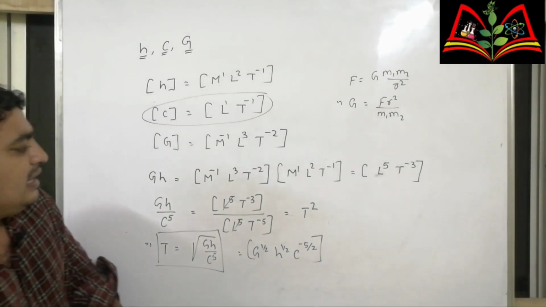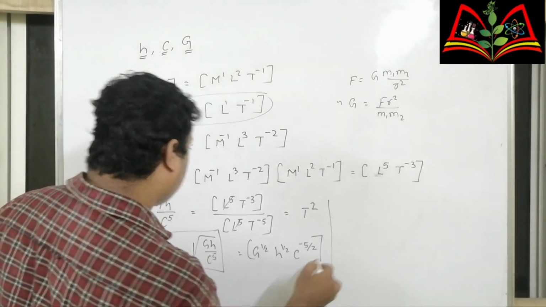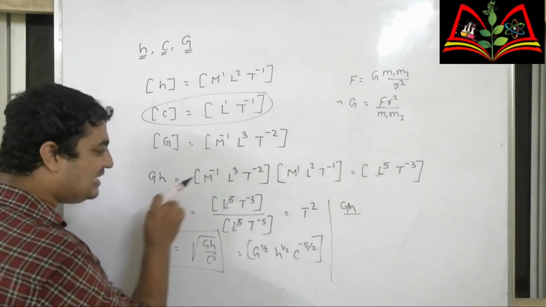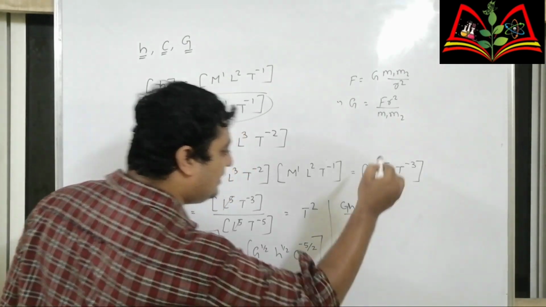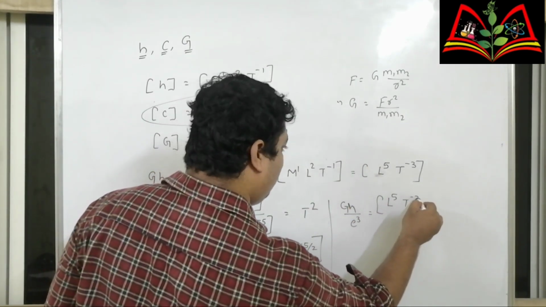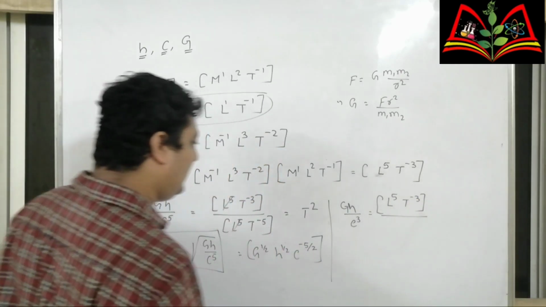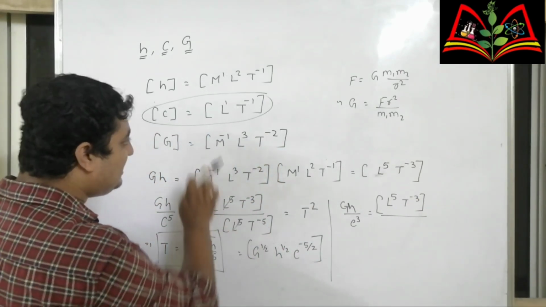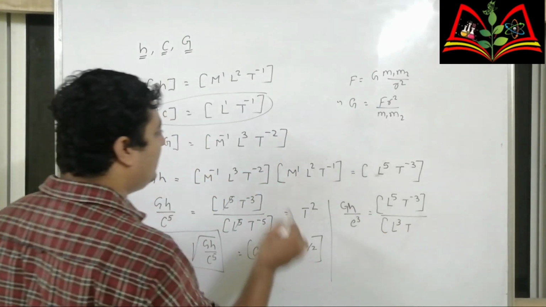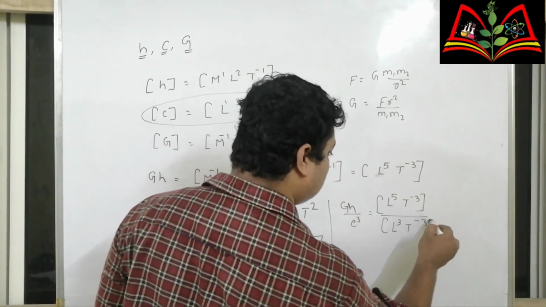Now, in this equation, if I divide G into H divided by C to the power 3, then what will happen? L to the power 5 T to the power minus 3 divided by C to the power 3, that is L to the power 3 T to the power minus 3.